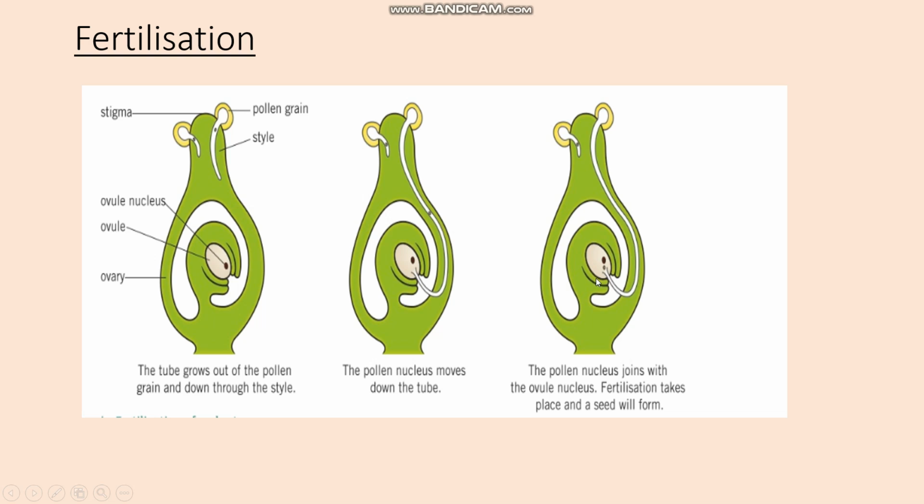When that occurs, we have fertilisation. And once fertilisation has occurred, a seed will then form within that plant. Okay, so again, fertilisation in plants is very similar to what we have in animals. Male sex cell meets female sex cell, only here it's pollen meets ovule.